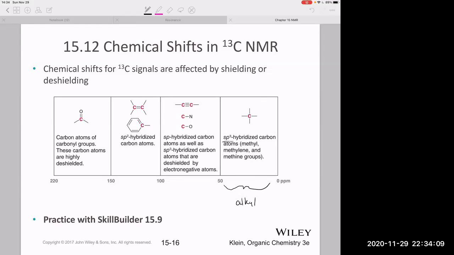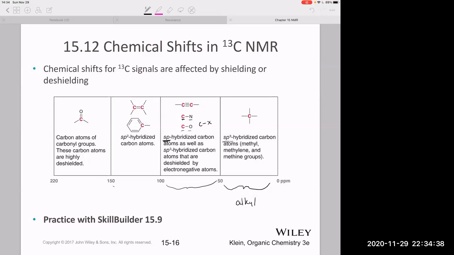So methyl groups, ethyl groups, all those good things will fall in the 0 to 50 range. 50 to 100, this is where you'll find sp hybridized carbons, so triple bonds, as well as carbons bound to something fancy like an oxygen, and you could also put a halogen in this category. Whenever carbon's bound to something electronegative, that would fall in the 50 to 100 range.